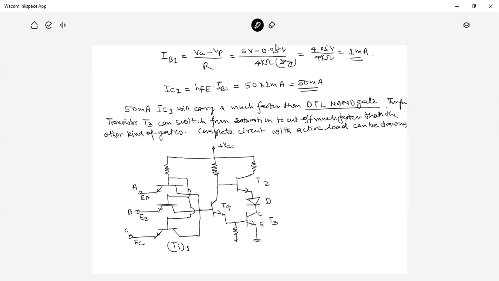And this combination is known as totem pole, and we will discuss this totem pole within a few minutes.